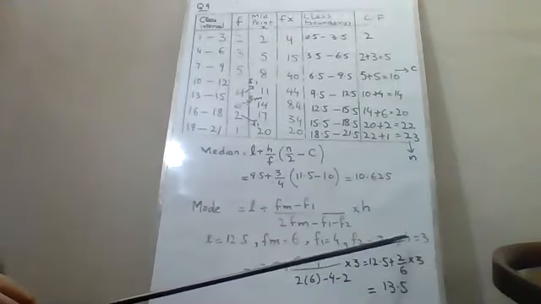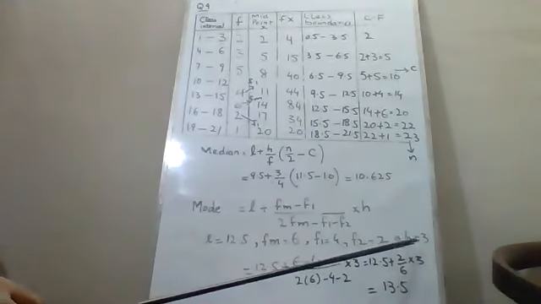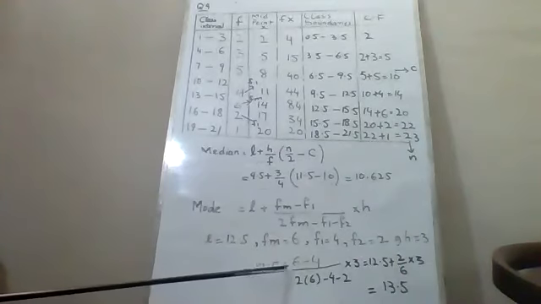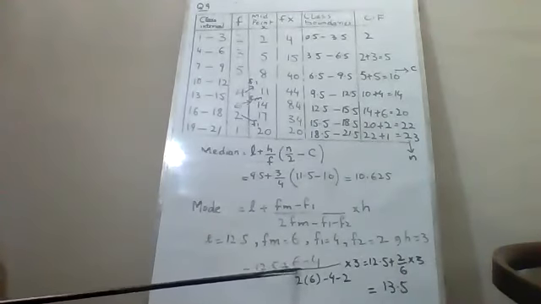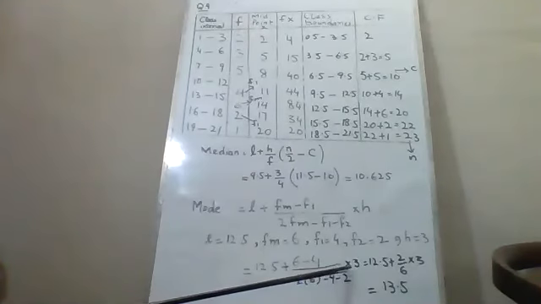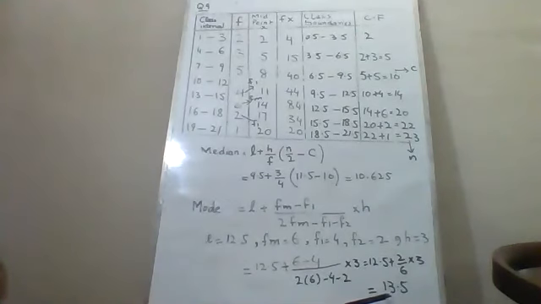Now putting the value of h, which is 3, in the formula, we will get 12.5 plus 6 minus 4 over 2 into 6 minus 4 minus 2 multiply 3. And after solving all this, we get the mode is 13.5, which is the answer.